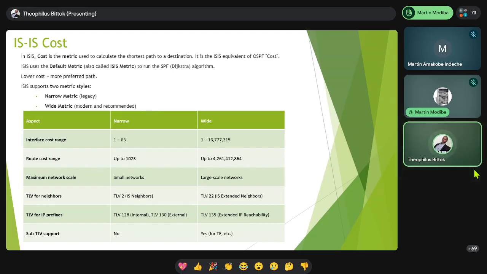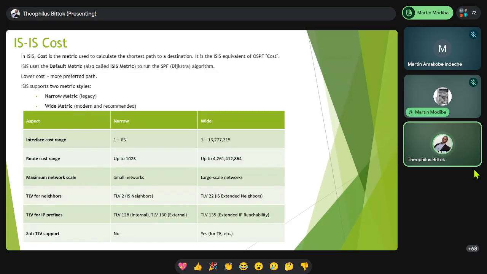So in ISIS, it supports 2 styles. We have the narrow metric, and we have the wide metric. And the difference is when it comes to configuration of the cost.